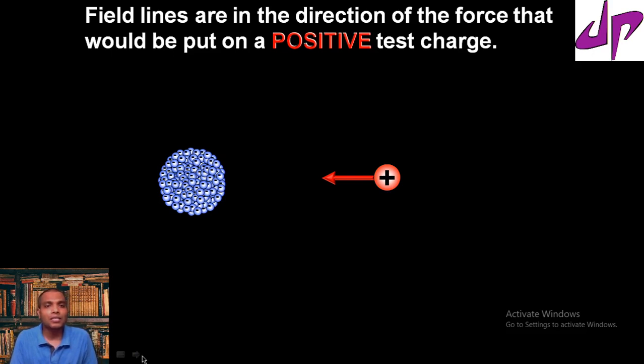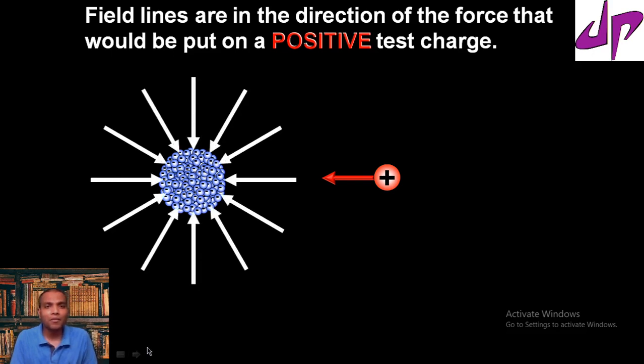According to convention, the electric field lines are moving towards the source charge, because the force direction and electric field direction are the same. So the field lines are in the direction of force that would act on a positive test charge.